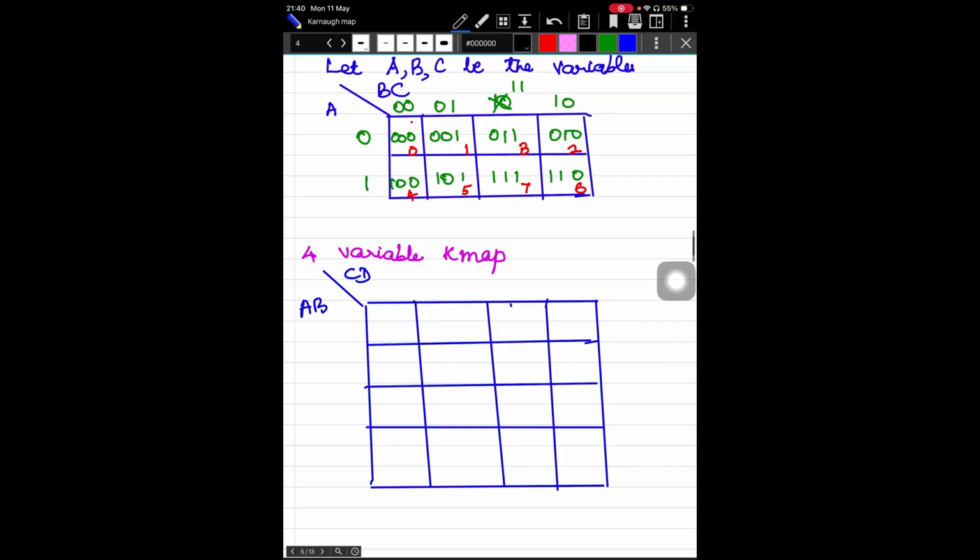For a 4 variable Karnaugh map, again 0, 0, 0, 1, 1, 1, 1, 0 here, and it will be 0, 0, 0, 1, 1, 1, 1, 0.